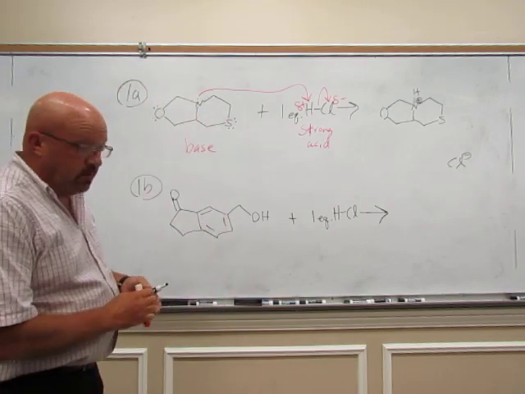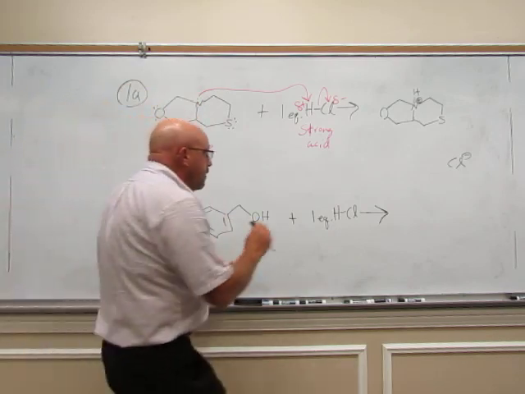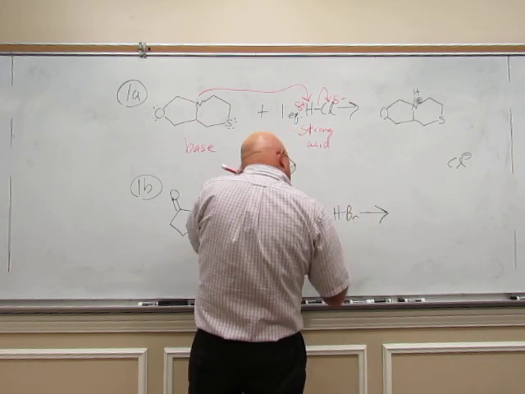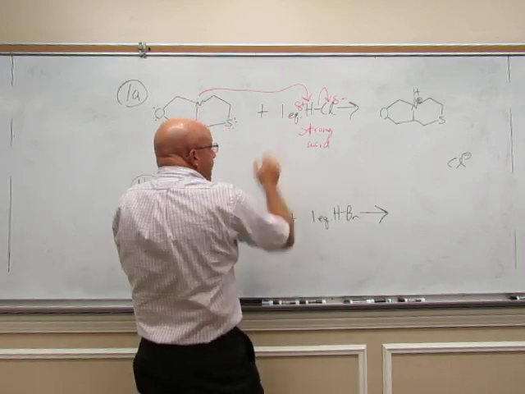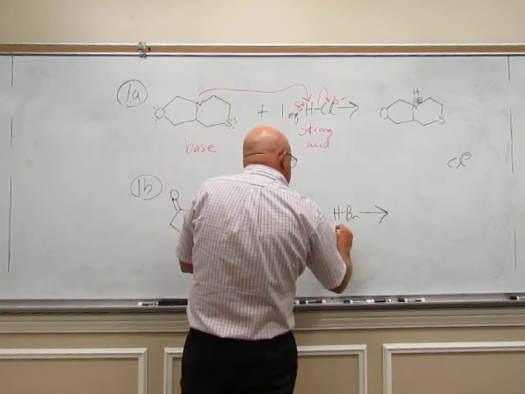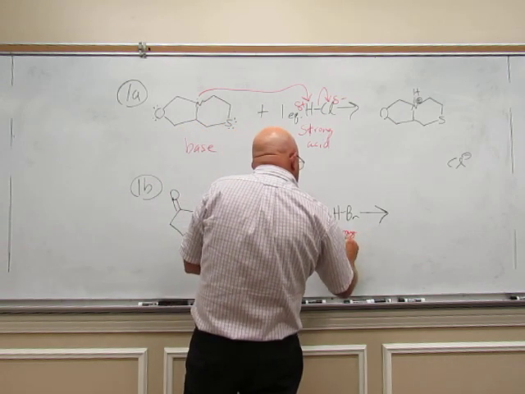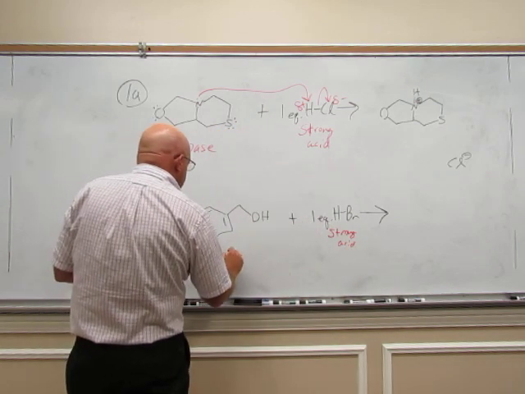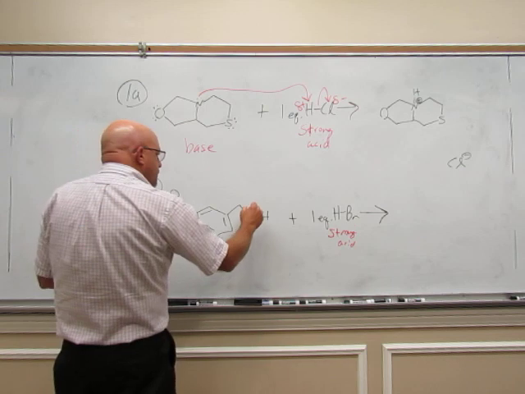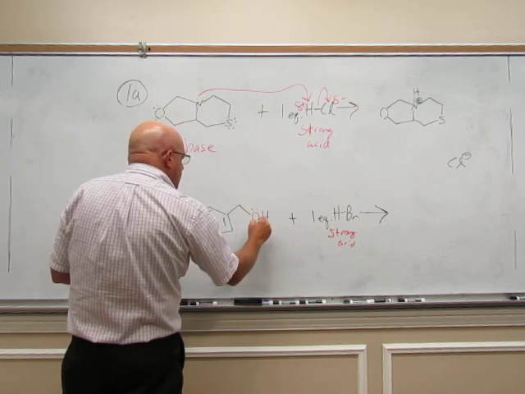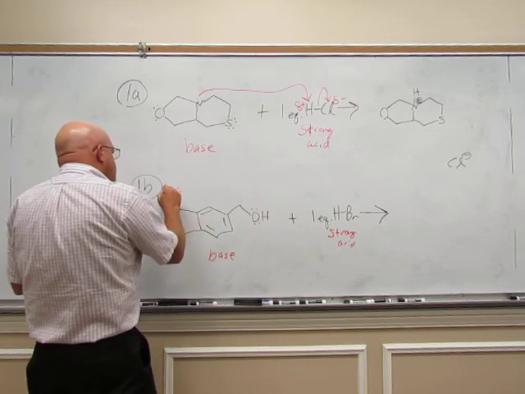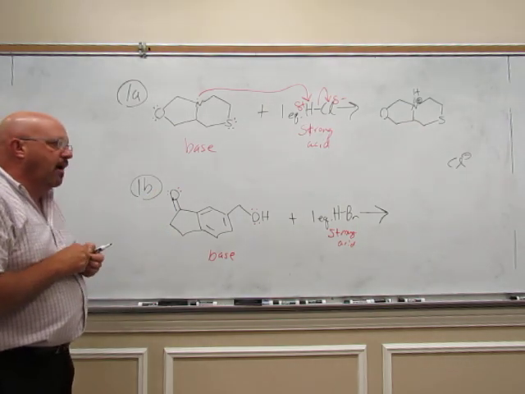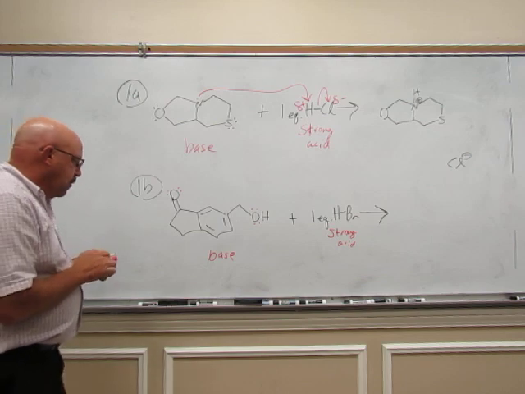We have HBr. HBr is even a stronger acid than hydrochloric acid, so this is a strong acid. So the other molecule has to be the base. But we've got two main basic sites. Either oxygen could go and get the proton off the acid. You have to figure out which one is more basic.